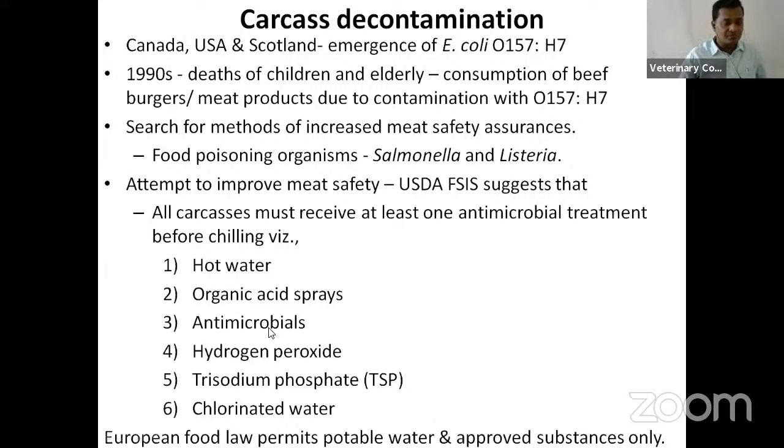Number three is use of antimicrobial agents. Four, hydrogen peroxide. Fifth, trisodium phosphate. Sixth, chlorinated water. In Europe, for example, they permit potable water, which is approved, meaning that it meets the requirements of the EU guidelines, EC directives.